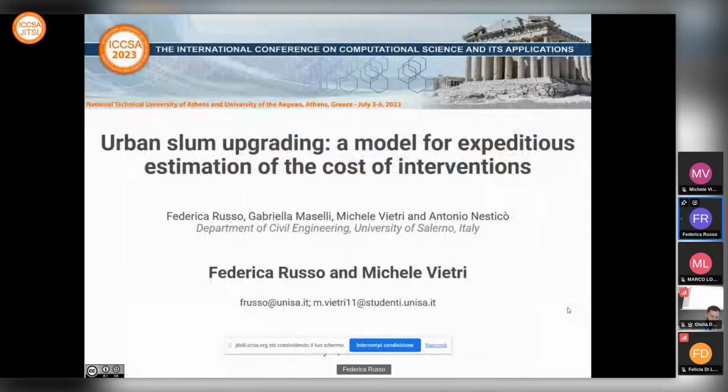I'm Federica Russo, a PhD student in the Department of Civil Engineering at the University of Salerno. Today, together with my colleague Michele Vietri, I'm going to present the paper called Urban Slum Upgrading, a model for expeditious estimation of the cost of intervention.